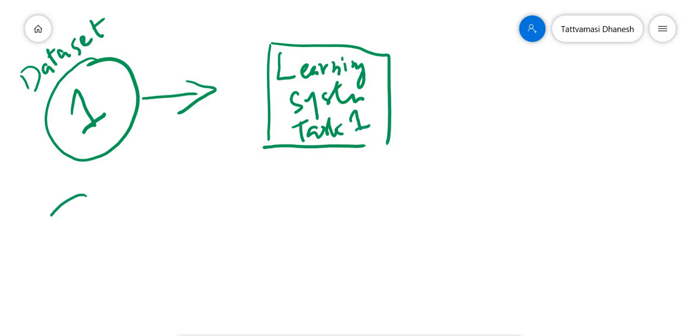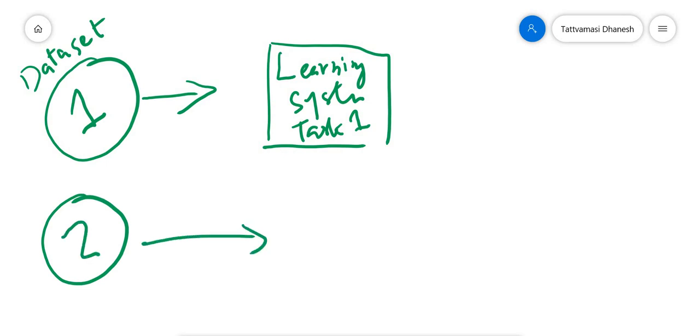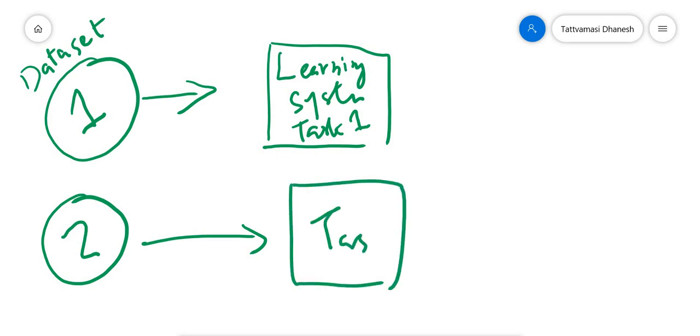And you have the second data set here. This is the second data set, and you have another learning system here, and it is doing the second task, task 2. It is doing another task. For example, you can assume the task is to identify images, or any task you like.